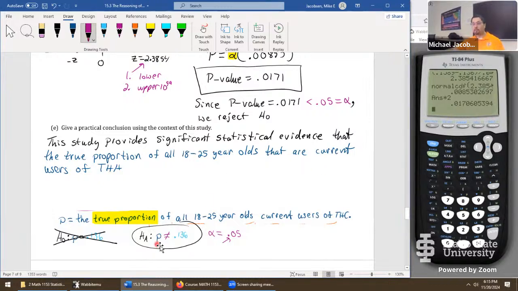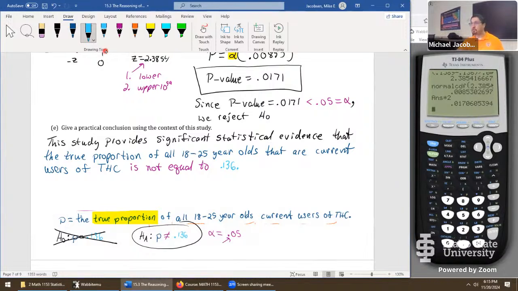So we mentioned P, we can now say is not equal to, just verbatim writing down what the symbol represents. Let me first fix that part right there. THC is not equal to the hypothesized value, 0.136.